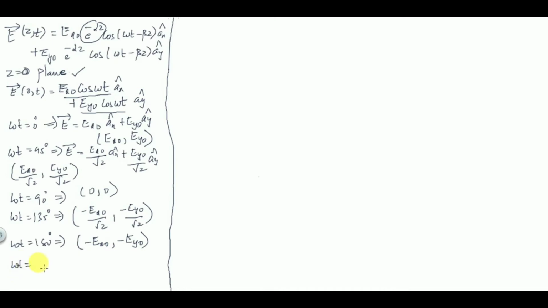Similarly, when omega t is equal to 225 degrees, the point of intersection will be minus Ex naught by root 2 minus Ey naught by root 2, since cos 225 is minus 1 by root 2. Similarly, when omega t is 270, cos 270 is cos of 180 plus 90 degrees, which is cos 90, equal to 0.